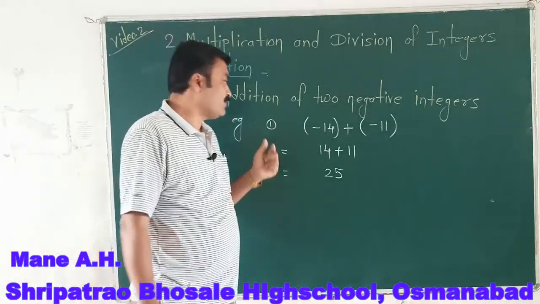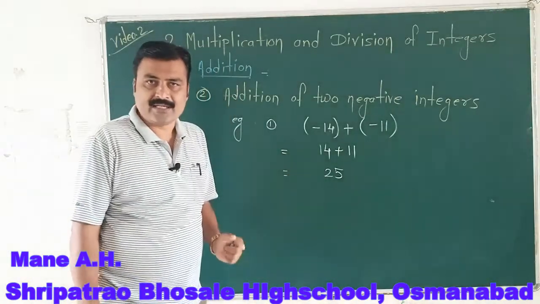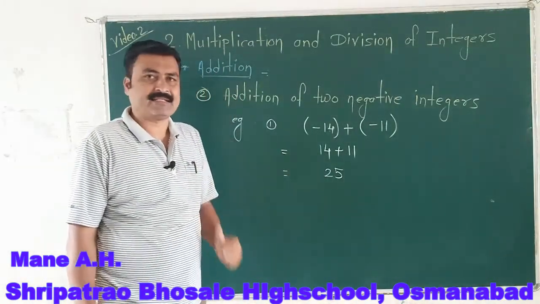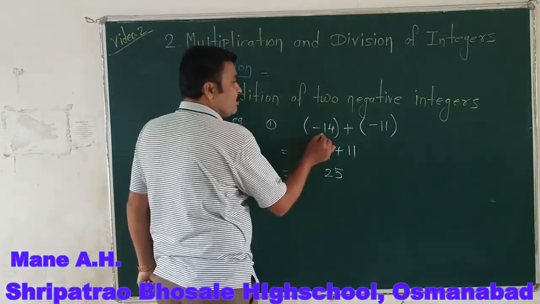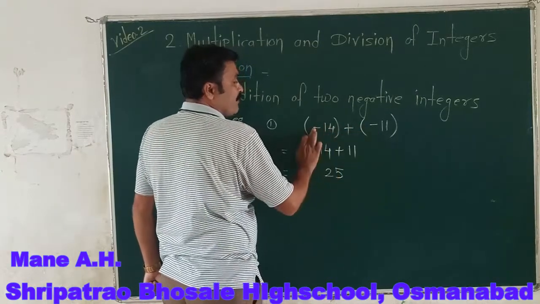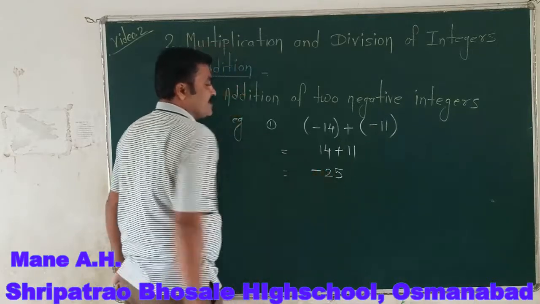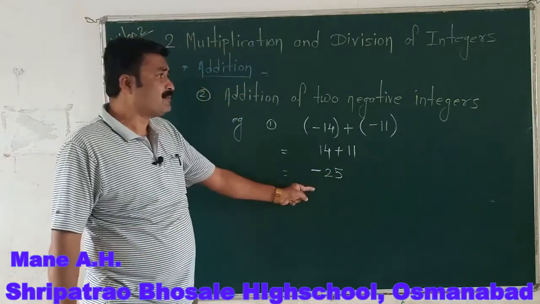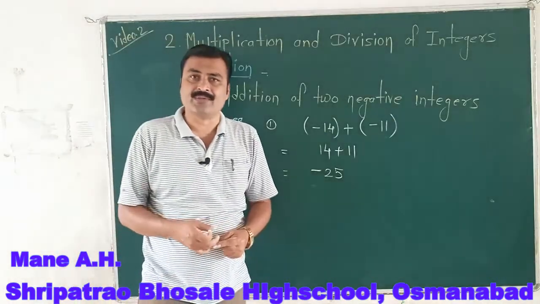We have to put down the sign to the final answer, whether the plus sign comes or the negative, that is the minus sign comes, that we want to decide. So presently we observe both integers are negative. So plus minus, that always comes minus. So the addition of these two negative integers comes as minus 25.